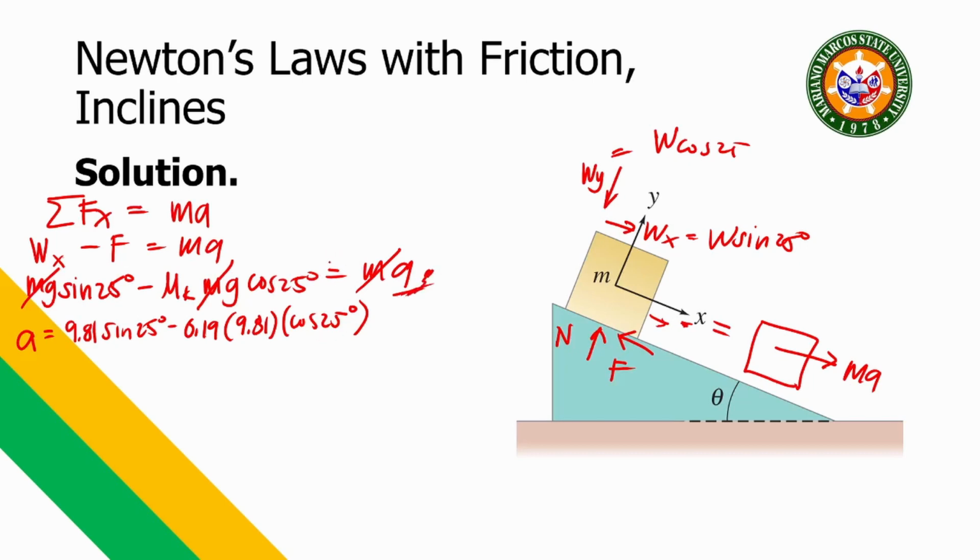So, if we try to solve for a, so a will be equal to 2.46 meter per second squared. So, ang kanyang direction will be along the incline. Ito, 25 degrees. Along the incline yung kanyang direction.